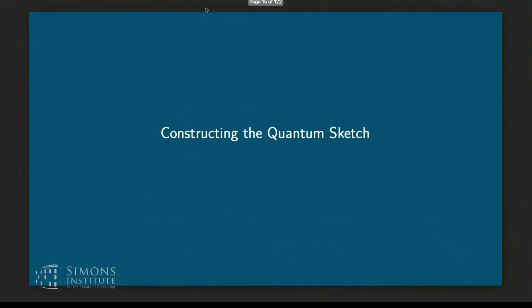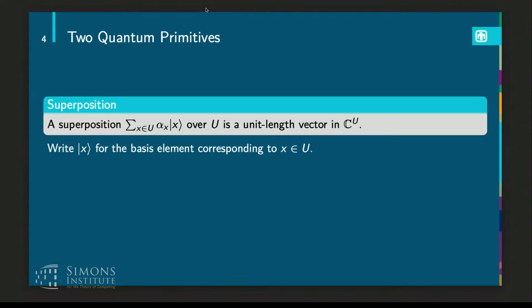Okay. So to construct it, we're going to need a couple of quantum primitives. These are going to be the concept of a superposition.